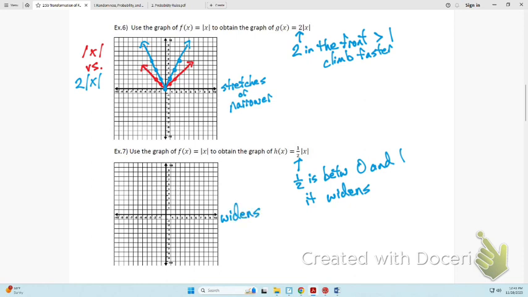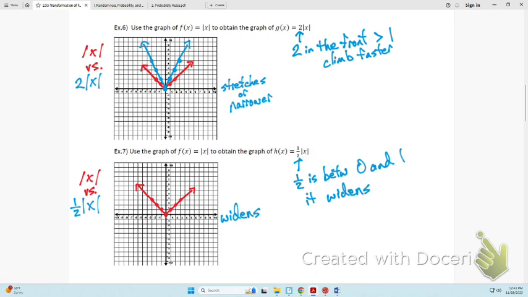Wider, widens, shrinks, that's up to you. So one more time, here's our parent function. We're comparing absolute value of x to half absolute value of x.